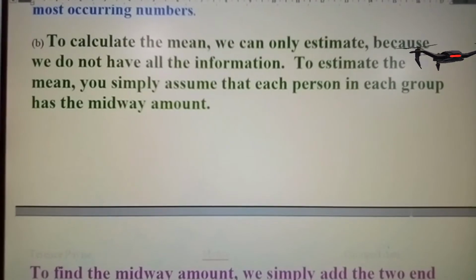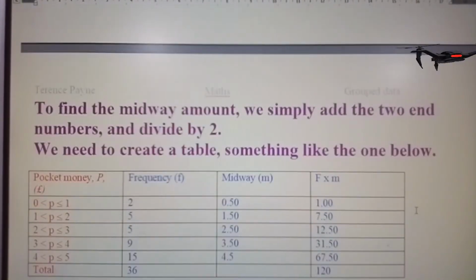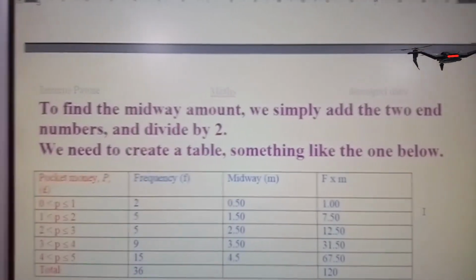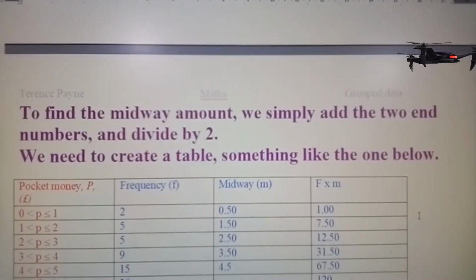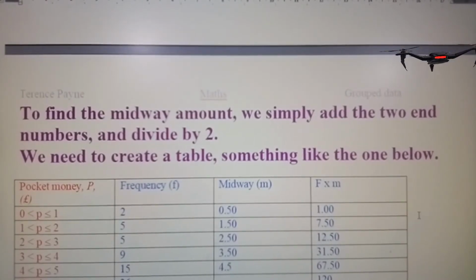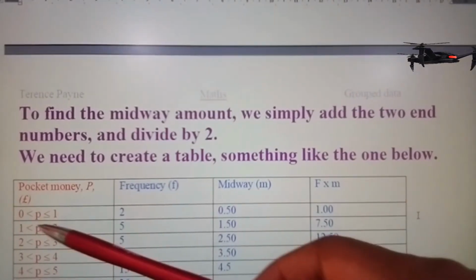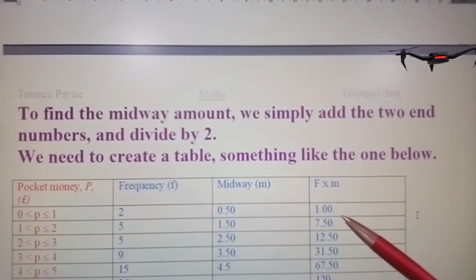So, recapping from where we were. To find the midway amount, we simply add the two end numbers and divide by 2. We need to create a table, something like the one below. I've shown you how this is done and how we get these figures here.